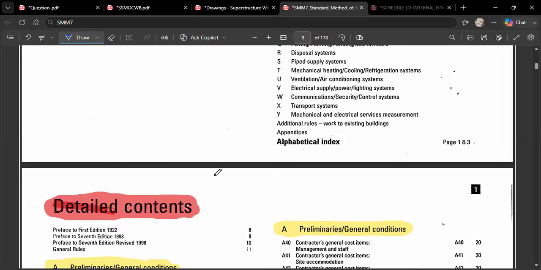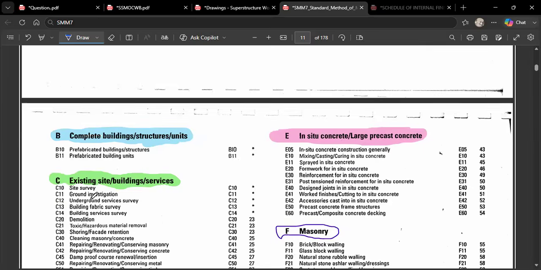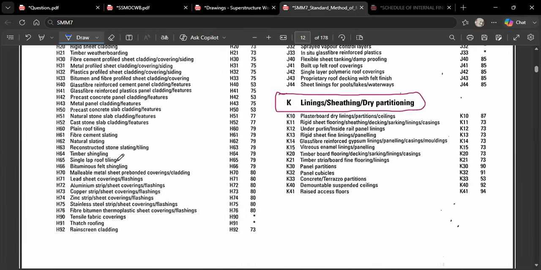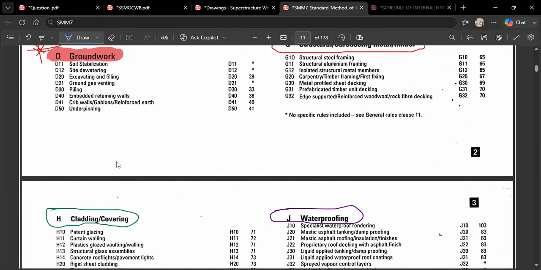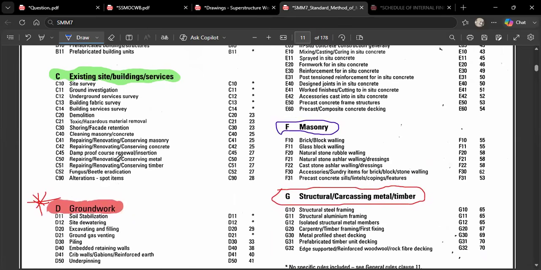Exactly. So this is A, B, C. I'm just putting the asterisk now. You see, yes, so we are going to open to F10, and this is F10 over here.